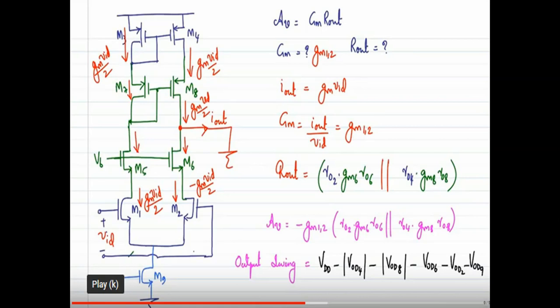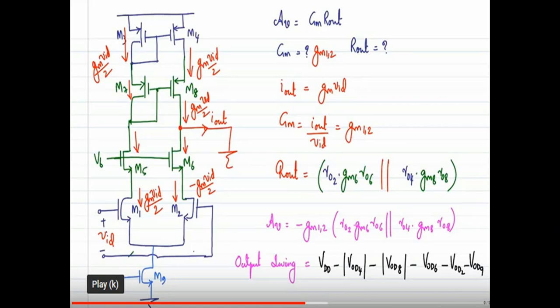So we can write the total output resistance is equal to RO2 into GM6RO6 parallel RO4 into GM8RO8. RO2 and RO4 are the input transistor resistances and GM6RO6, GM8RO8 are the intrinsic impedances of the cascode devices.